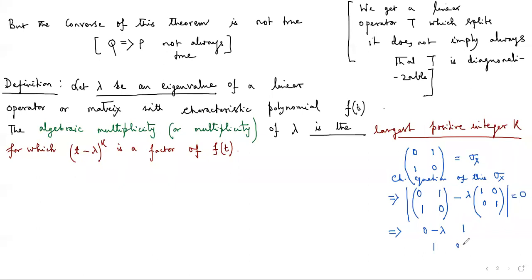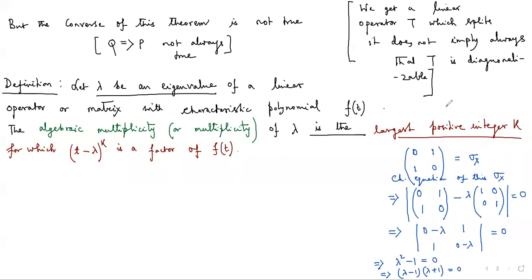And we can write it as (lambda minus 1)(lambda plus 1) equals 0.